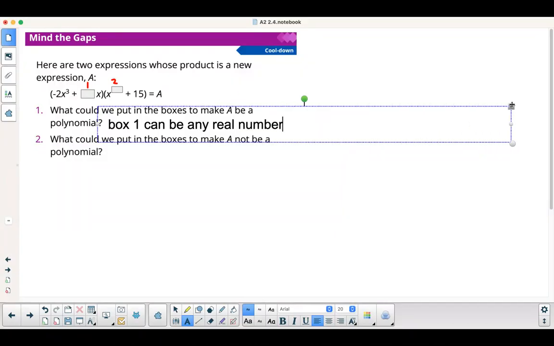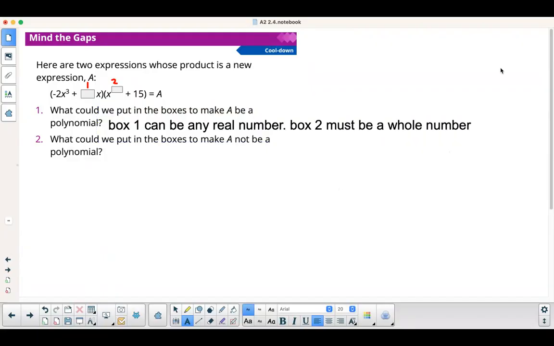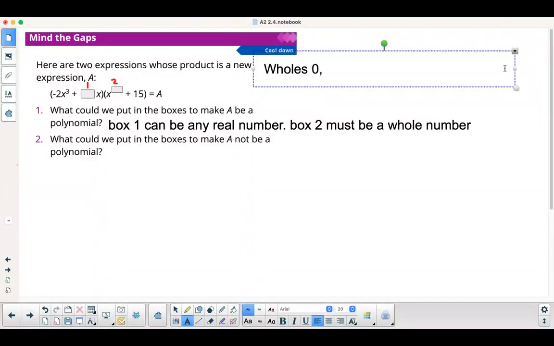But box 2, you have to have whole number exponents, okay? So box 2 must be a whole number. Whole numbers, if you don't recall what whole numbers are, I'll draw them right up here. Whole numbers are 0, 1, 2, 3, dot, dot, dot, okay? So no fractions, no negatives. You have to have whole numbers.